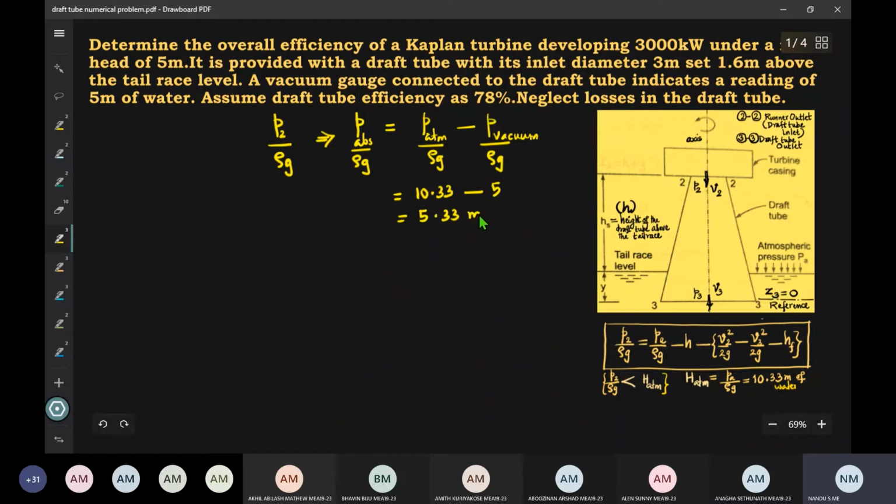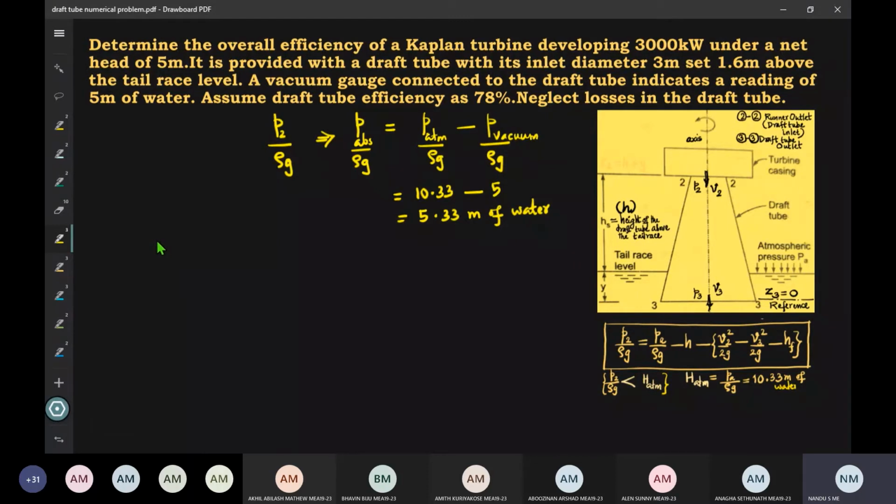This is positive because it's absolute. When you write vacuum head, you should write minus 5 meters. But if you want to give the absolute value of the same pressure head, then you have to write 5.33 meters of water in this case. Okay, so this is P2 by rho g in your expression.